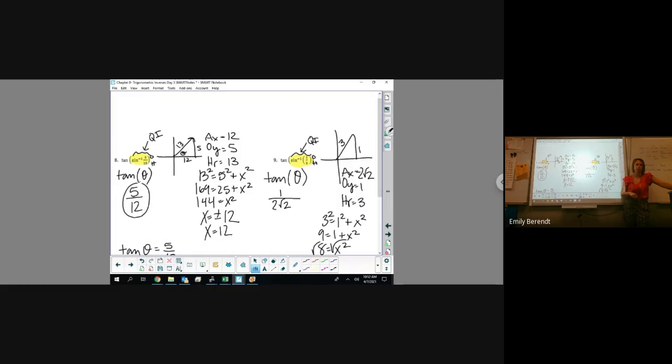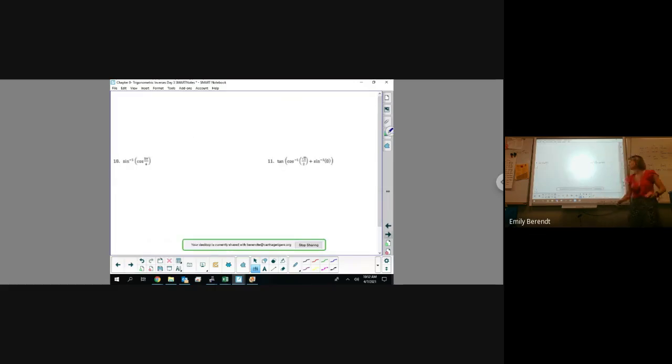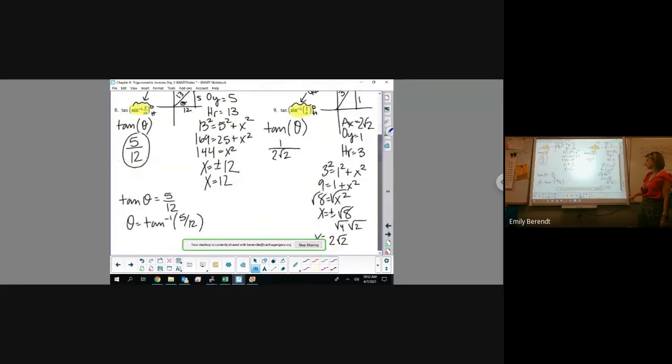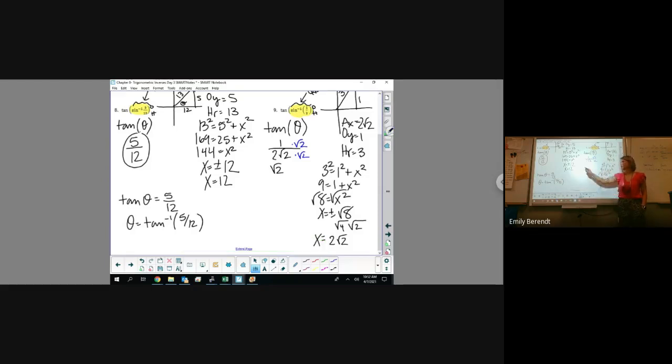Ooh, darn, got to do a little rationalizing. Oh, dang. There we go. Multiply by root 2. So we get on top root 2 over, how do we get 4? Root 2 times root 2 is just 2. It's the square root of 4, which is just 2, or you could say it's root 2 squared, which cancels. And then you have a normal 2 and a normal 2, which is normal 4.